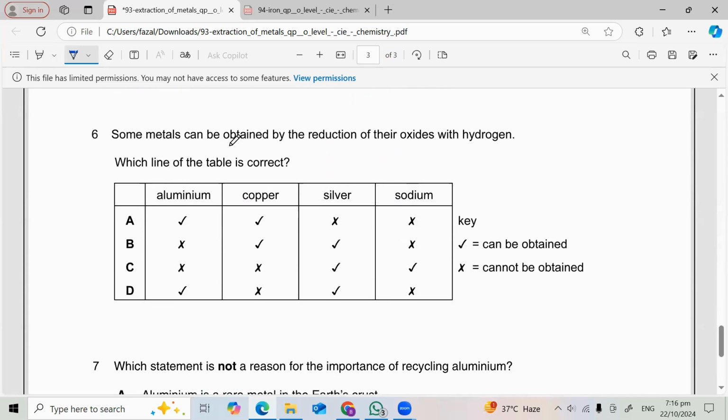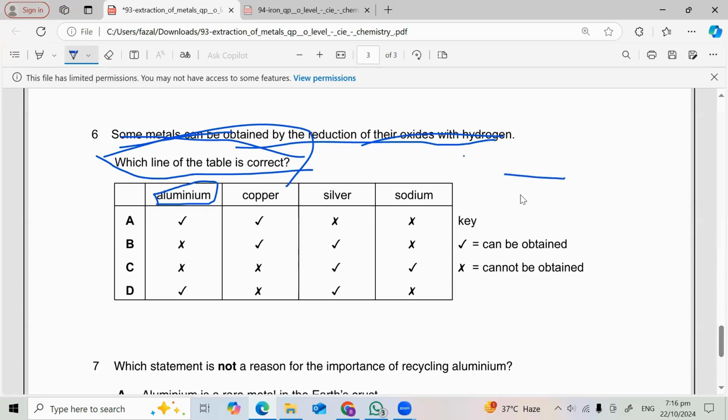Some metals can be obtained by the reduction of their oxides with hydrogen. Which line of the table is correct? So it's asking which line is correct. Basically, hydrogen only reduces those substances which are below it, like this H, and here come copper, silver, gold.